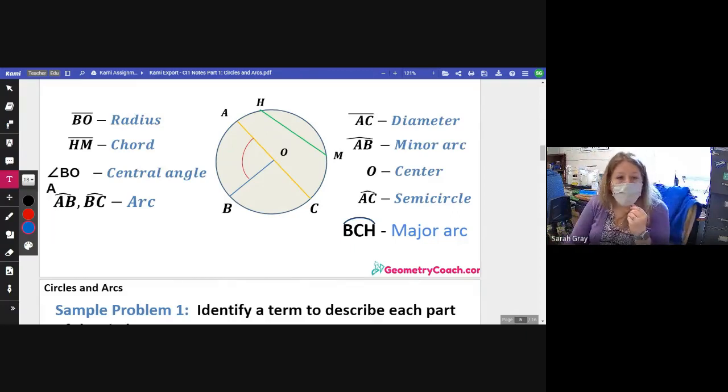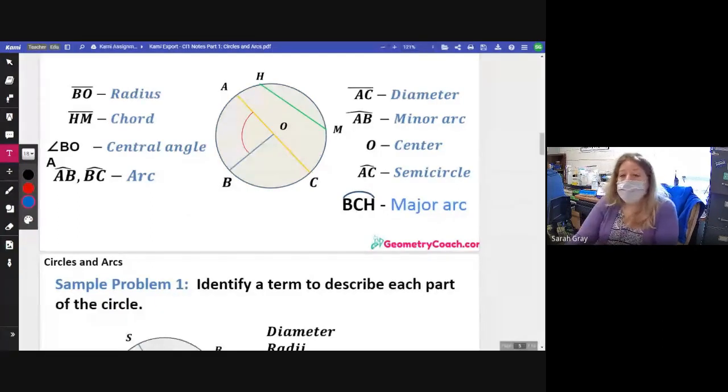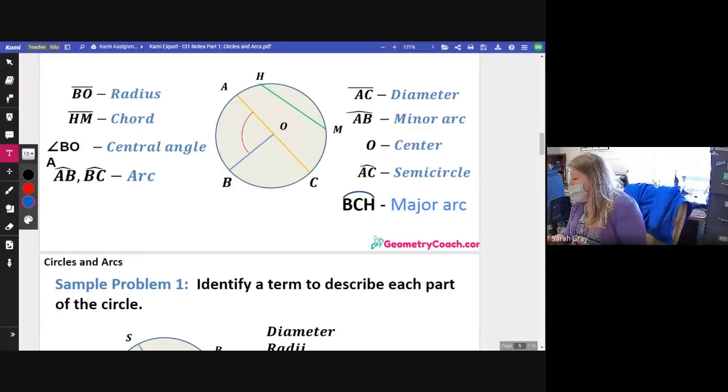A chord is any segment that touches the outside of the circle in two places, but does not go through the center. So a chord and a radius cannot be the same thing. A chord and a diameter cannot be the same thing. A chord does not go through the center.